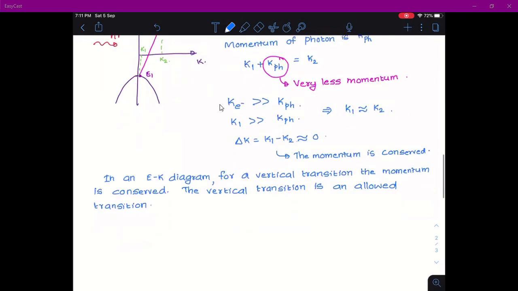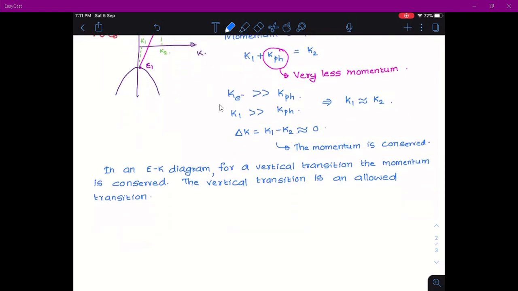A transition is allowed only if both energy and momentum are conserved.